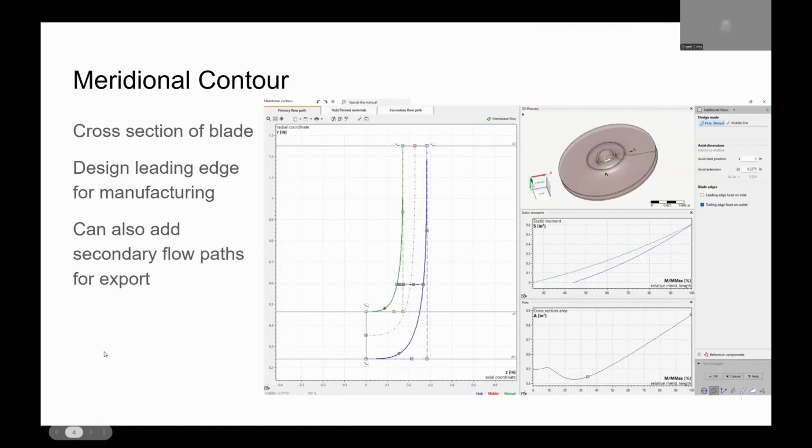So here is your, I don't know how to say this word really, meridional contour. This is like if you took your impeller and you got a cross section of just half where the fluid is flowing. This is all automatically done for you, and most of this stuff I don't change. But the important part here is this black line is what your blade looks like when you're designing it.